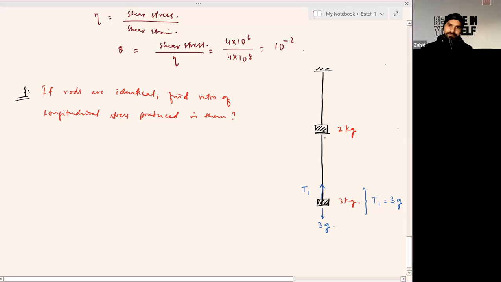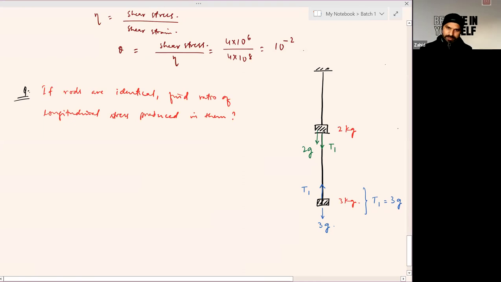Similarly, we may define tension at this particular point for the upper part. There will be tension in the downward direction as T1 due to the straightness of this string. And there will be another force due to its own mass, 2g, in the downward direction.